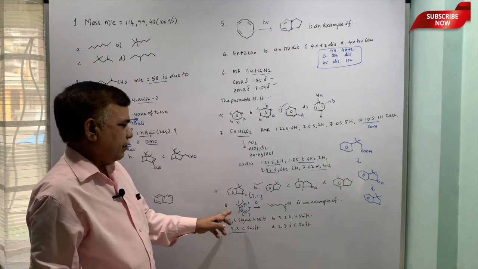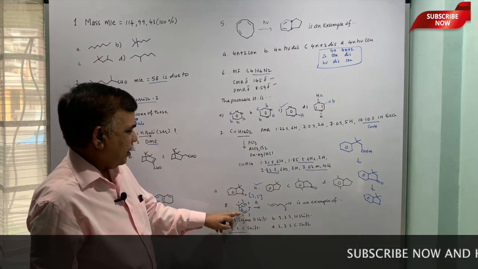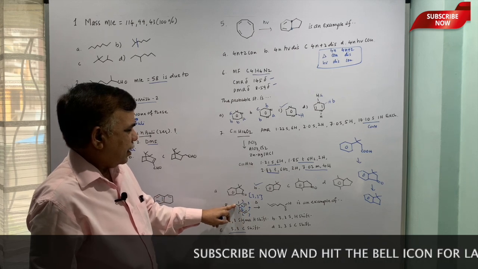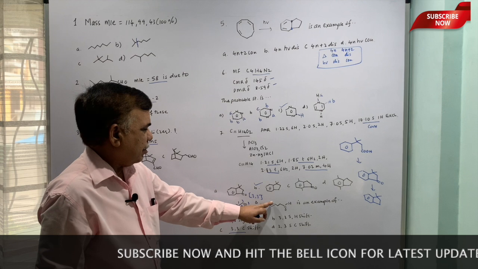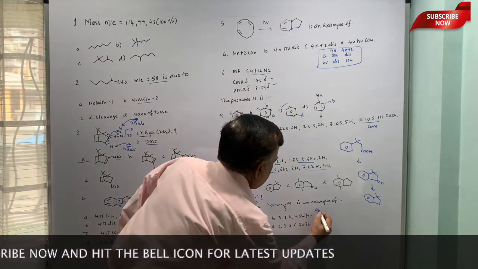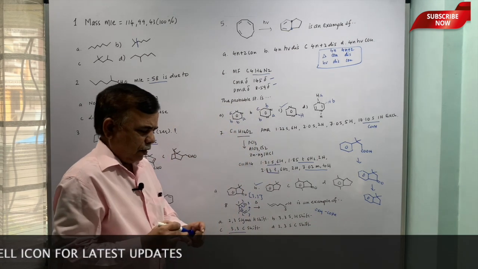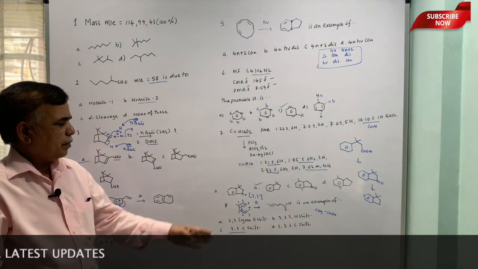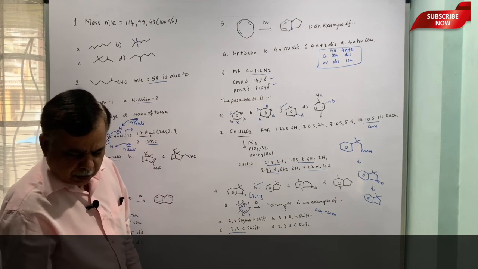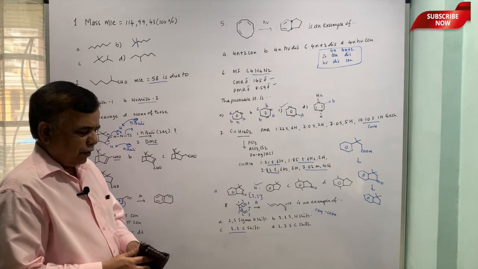This is how the reaction will take place, and ultimately this part will become aldehyde. So CH2 CH2 double bond and then methyl. So this is your oxy-Cope rearrangement, and that is the correct answer for this kind of transformation.